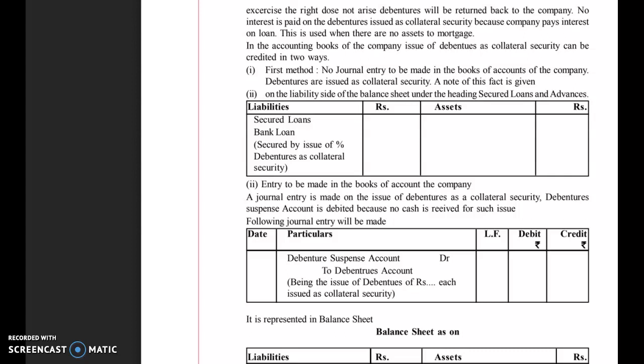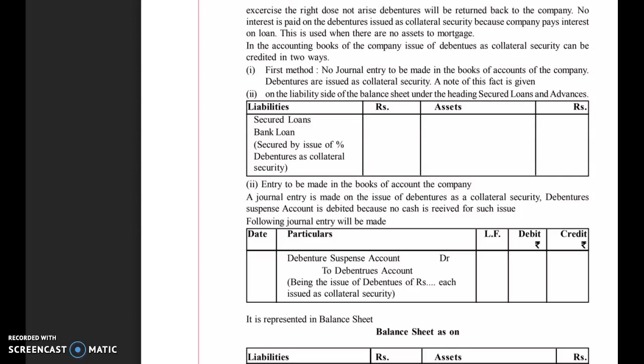Once again, very simply, according to this method two entries will be recorded. The first entry relates to the loan: bank account debit to bank loan account. The second entry is debenture suspense account debit to debentures account. Now, how will it be reflected in the balance sheet?